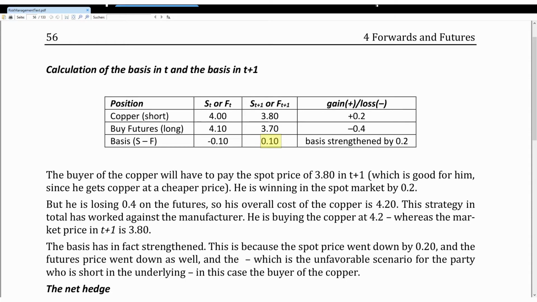In the examples, just as in the exercises, we will have the 4 prices given, and we have to determine if the trader wins or loses in the underlying and what he wins or loses in the futures. Then we also have to determine the basis and the change in the basis.